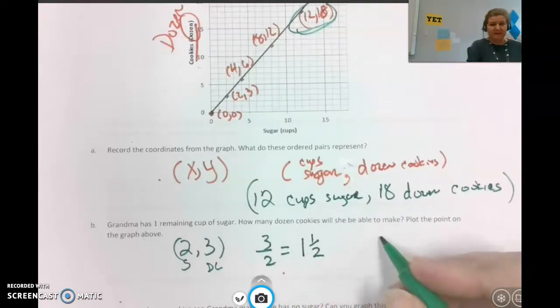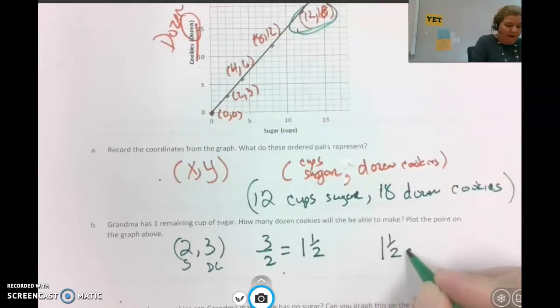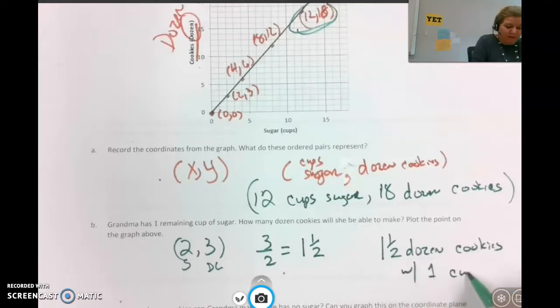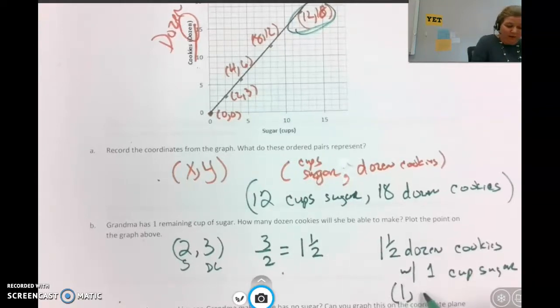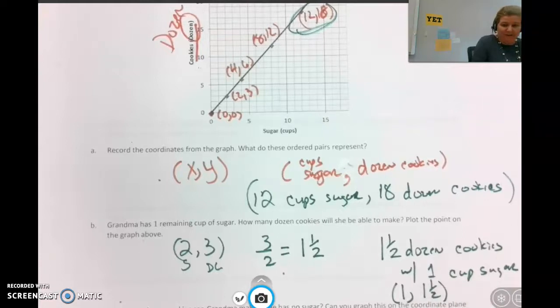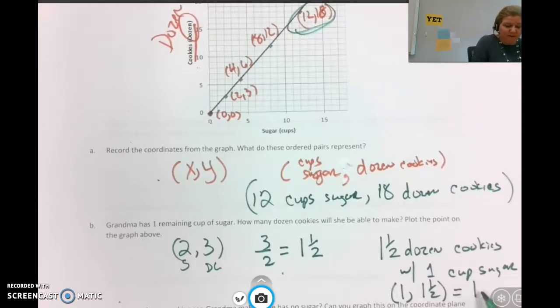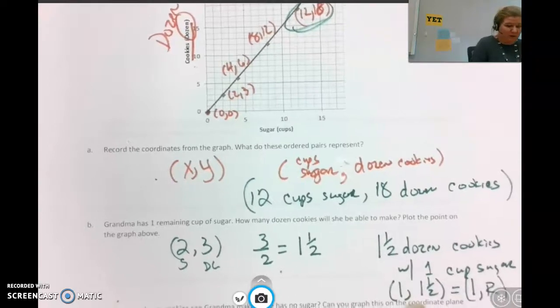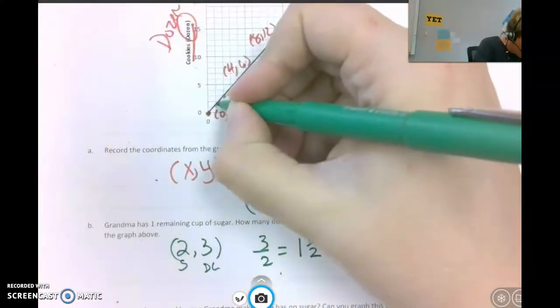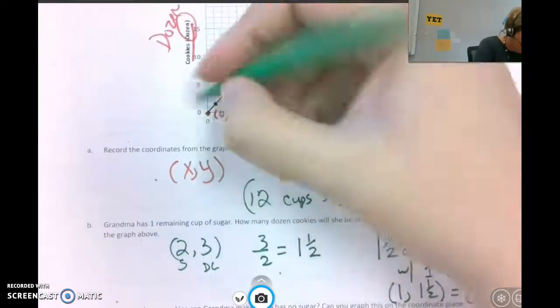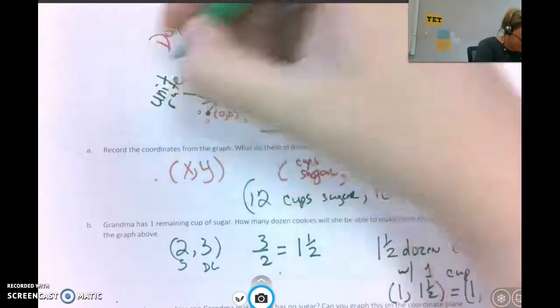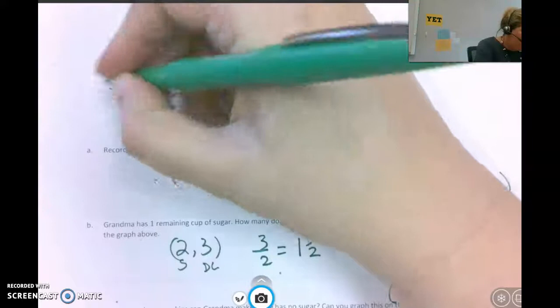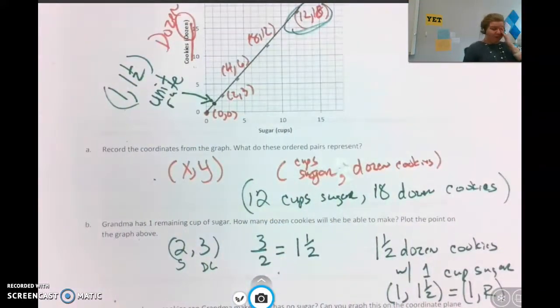That means that Grandma can make 1.5 dozen cookies with 1 cup of sugar. Now that point, 1, 1.5, that's 1, R, because that's my unit rate. I'm going to go to 1, 1.5, it's right there.